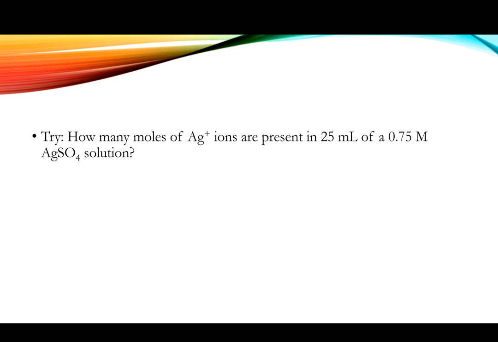We're going to say how many moles of silver ions are present in 25 milliliters of a 0.75 molar Ag2SO4 solution. So the first thing you always want to do with these types of problems is show it splitting up into ions.